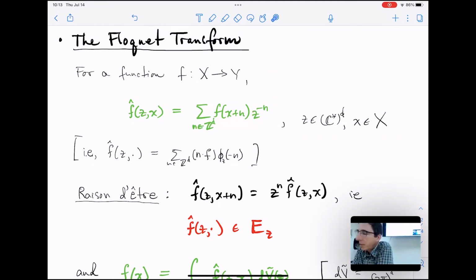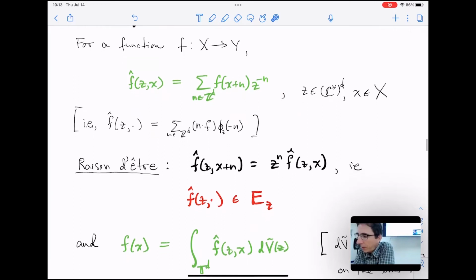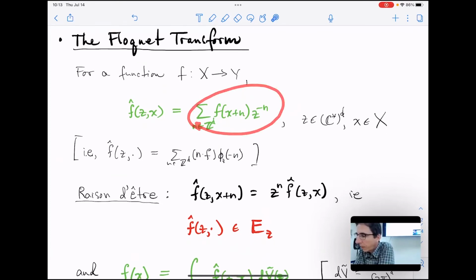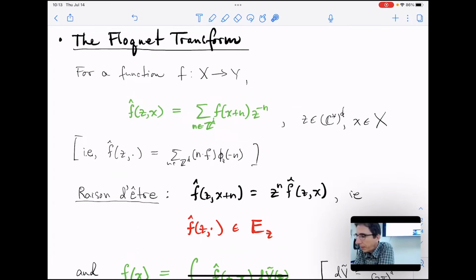Okay, and this looks like a kind of inner product, and it is a generalization of an inner product where you're projecting onto a certain eigenspace. So this is the way in which it works. If you write this down, even symbolically, it turns out that, again, this is the reason for this particular formula, if you take the result of doing this formula, it is actually an eigenfunction of the shift.